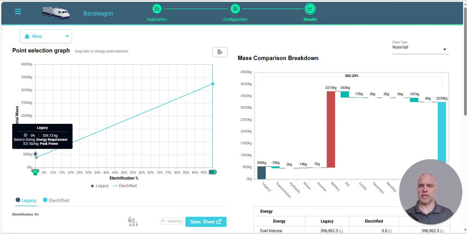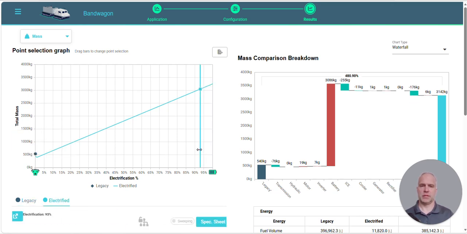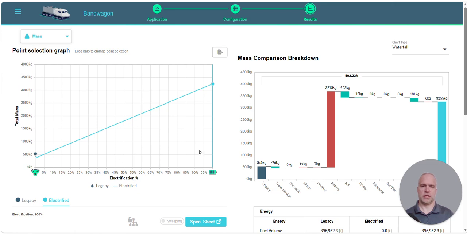Here's the legacy ICE, no batteries, just over 500 kilograms. But if you went to battery only, all the way to 100% battery to complete the same cycle, same standards, you can see the mass of the powertrain goes from 500 to over 3,000 kilograms.